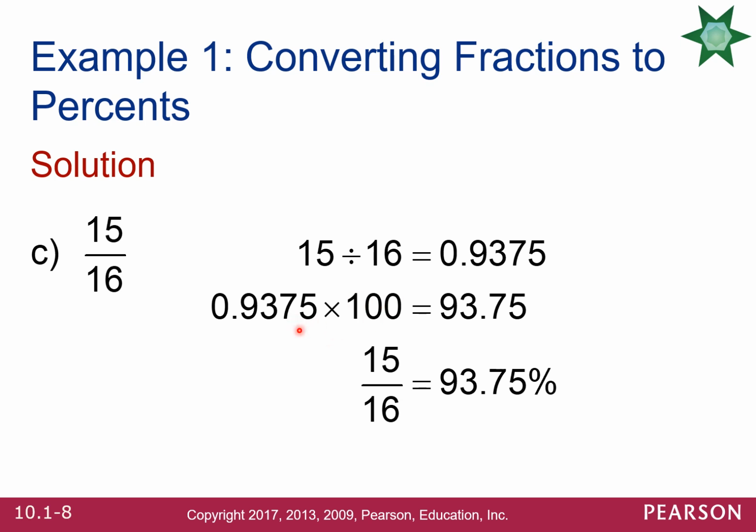All right, so it has 2 zeros, so you have to move your decimal point 2 places to the right, so it becomes 93.75, and then you just add your percentage sign next to it. So 15 over 16 is equal to 93.75%.